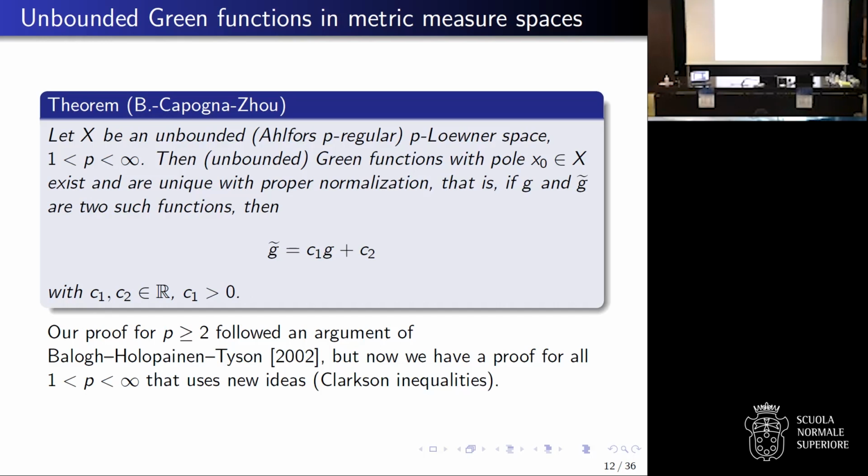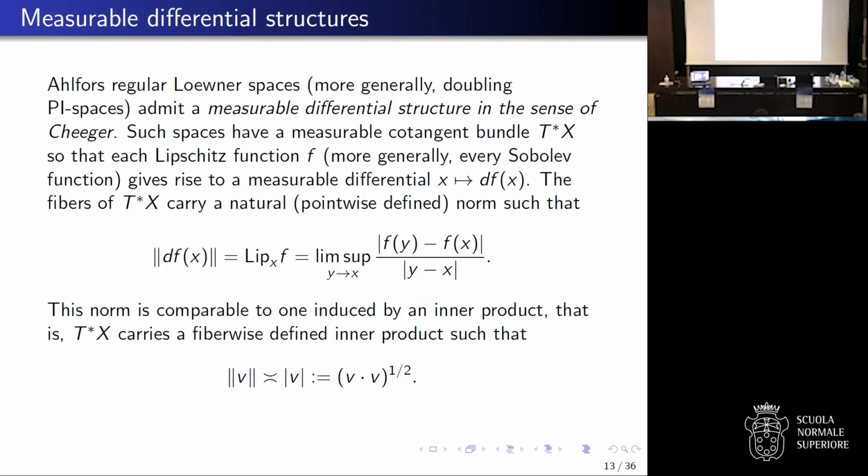This was all mentioned before: if you have a PI space that is doubling, which is certainly true for our Loebner spaces, then you get a so-called differentiable structure in the sense of Cheeger. I don't really want to go into the details of this because it is a somewhat technical subject. From this theory you get something called a measurable cotangent bundle.